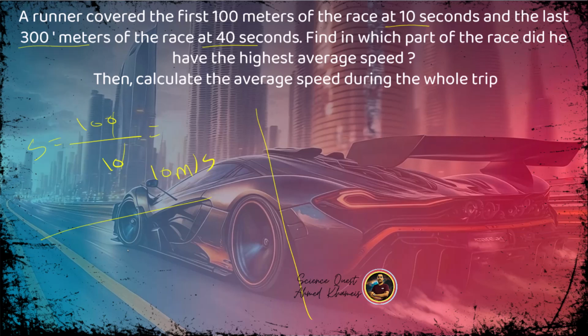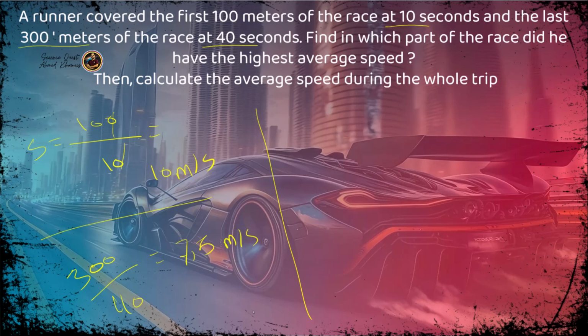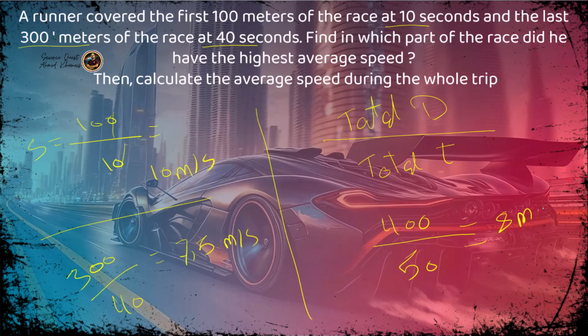And the last 300 meters, 300 meters over 40 seconds, is 7.5 meters per second. So the runner ran with the highest speed in the first 100 meters. Then calculate the average speed during the whole trip. The average speed means total distance over total time. So total distance 400 meters over 50 seconds equals 8 meters per second.